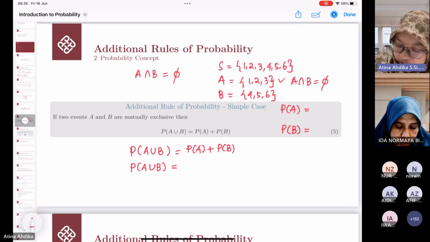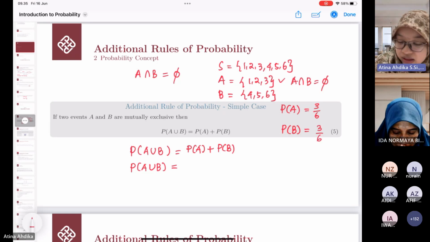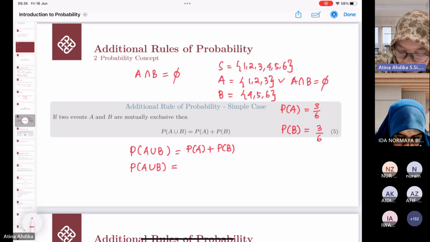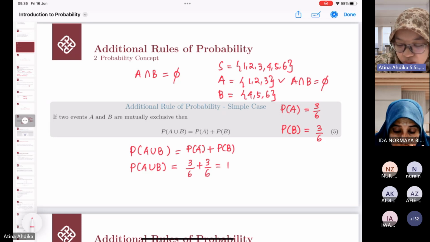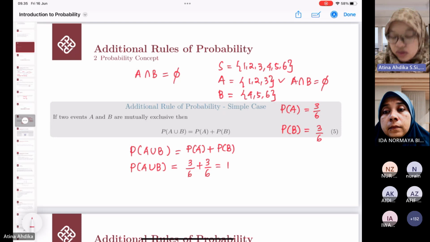Okay, 3/6. And then what is the probability of B here? 3/6 also. So the probability of the union between A and B is 3/6 plus 3/6, which is equal to 1.